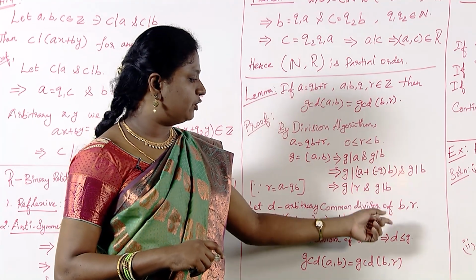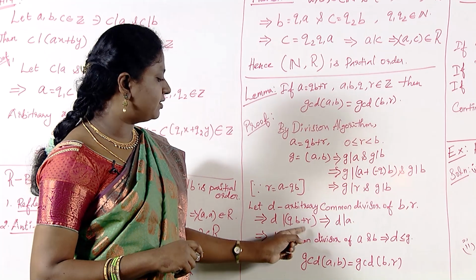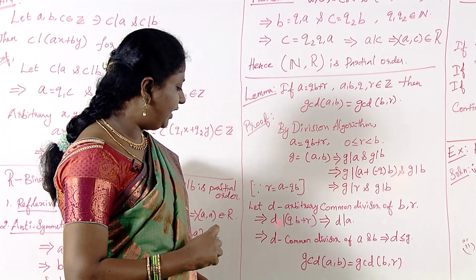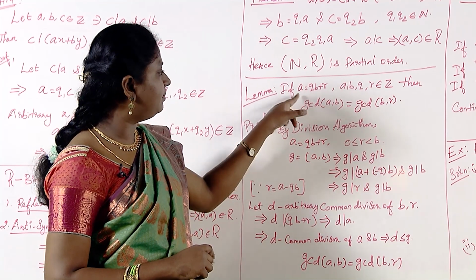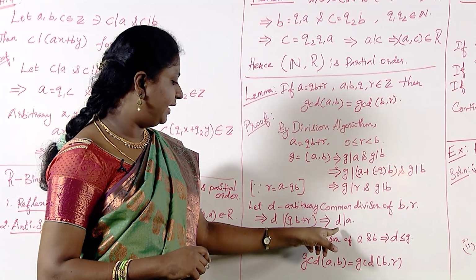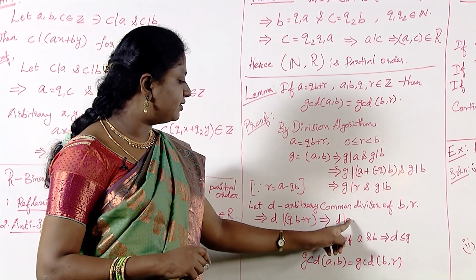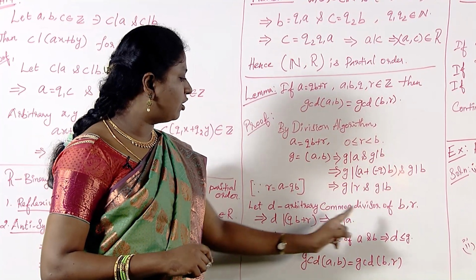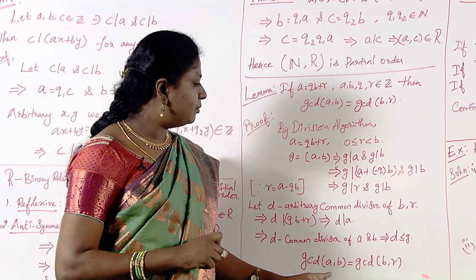So, D divides QB and D divides R. Therefore, it should be able to divide QB plus R also. What is QB plus R? QB plus R is equal to A. D divides A. Therefore, D is a common divisor of A as well as of B, right?